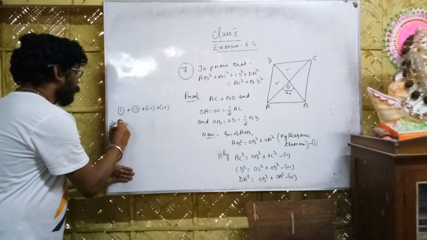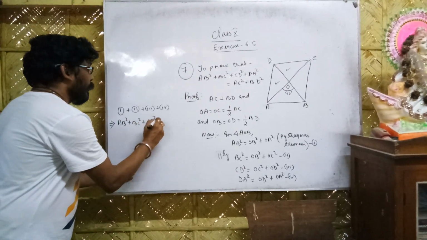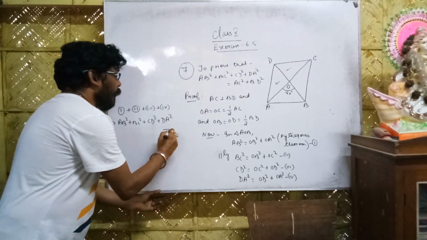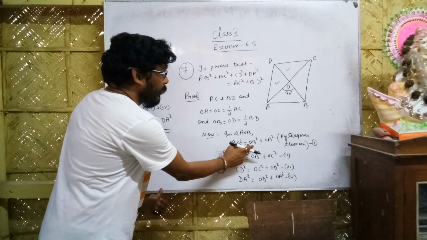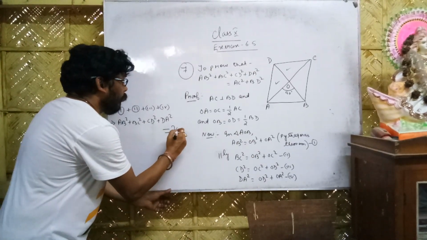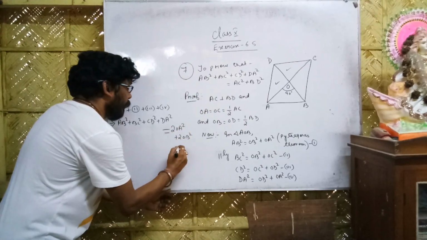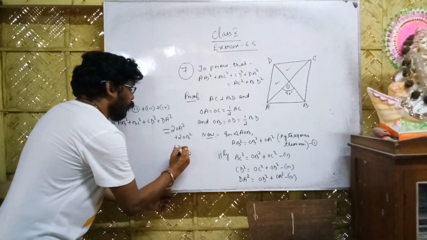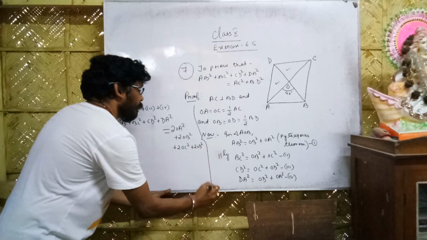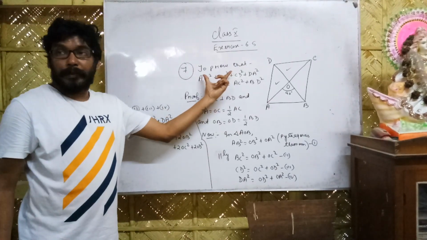AB square plus BC square plus CD square plus DA square equal to, you see OB is present here and here also, so it is twice OA square, twice OB square, twice OC square, twice OD square. Okay. Left hand side matches with the proof part.